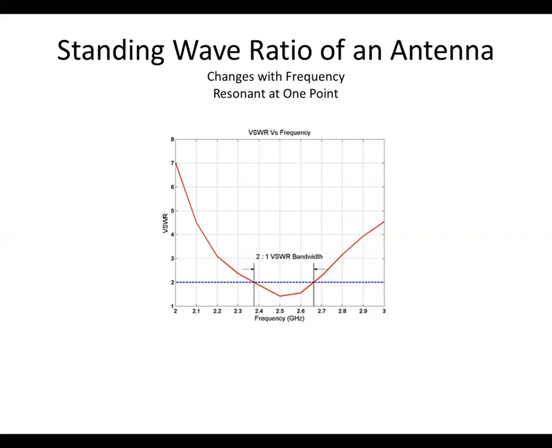That means most of it is radiated into the atmosphere as your signal. But as the frequency changes, you get more and more reactance, either capacitive or inductive, and then you get more and more signal bouncing back and less radiated power coming out of the antenna.